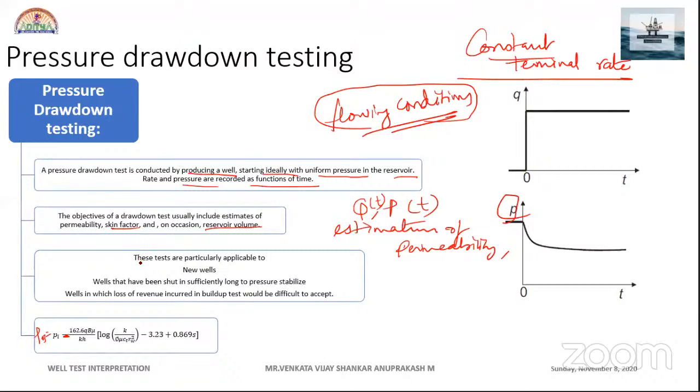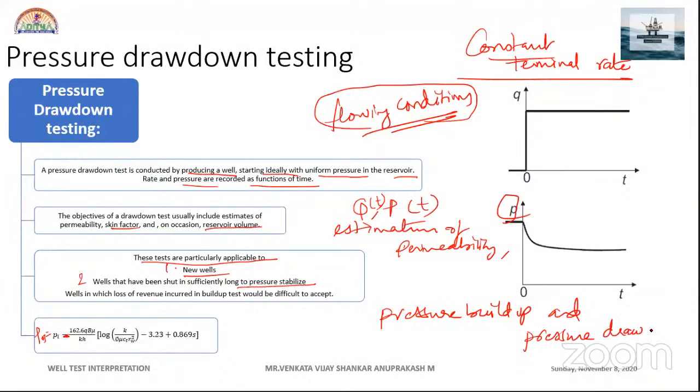So these tests are particularly applicable when you have initial new wells. Next, wells that have been shut in sufficiently long to pressure stabilize. Because what is the difference between the build-up and drawdown?